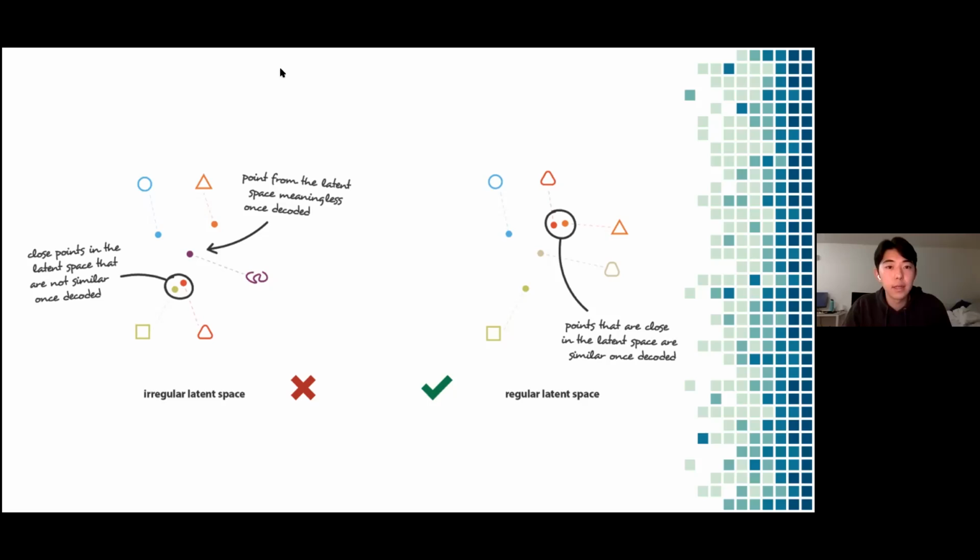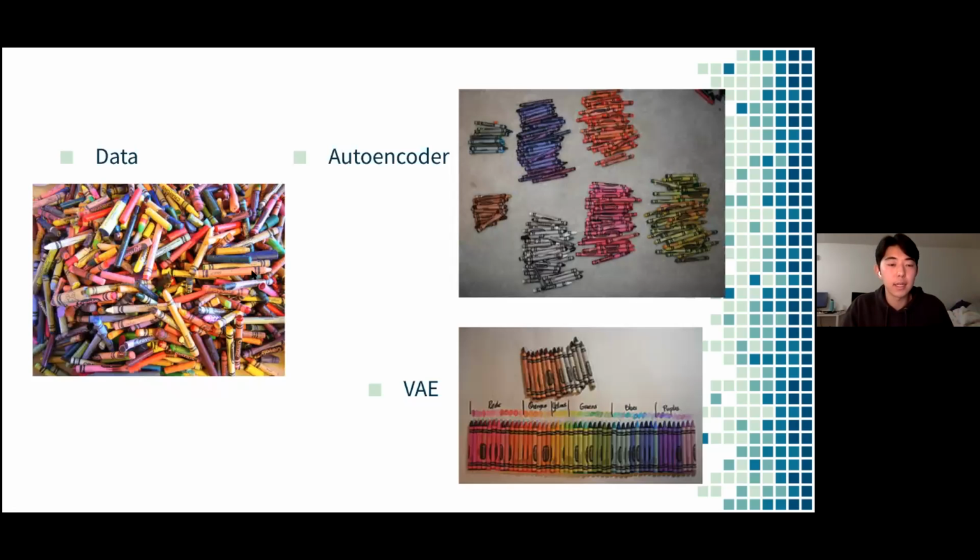Awesome. So that's the high level overview. Now we're going to move back to our crayon example. Again, if we have a jumbled mess of different assorted crayons, our regular autoencoder would sort these into discretized piles. So we have blue crayons here, some brown crayons, white crayons, all in discrete piles.